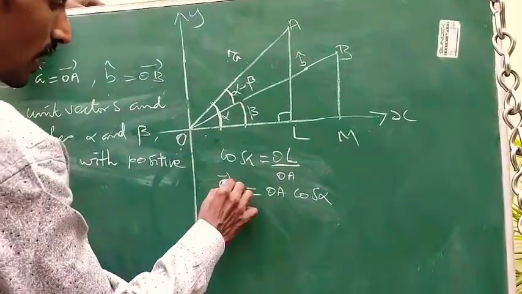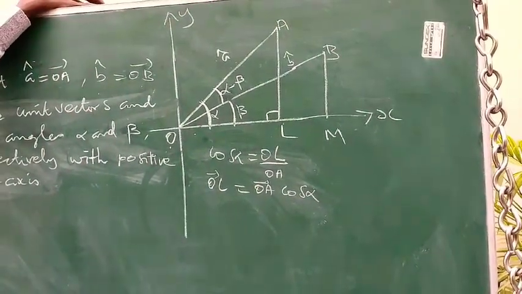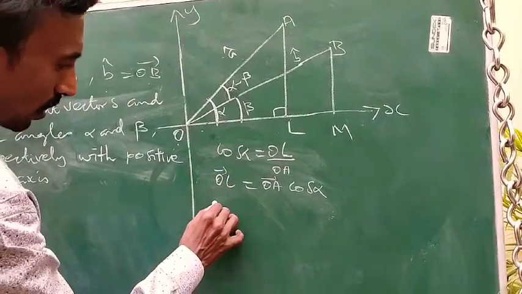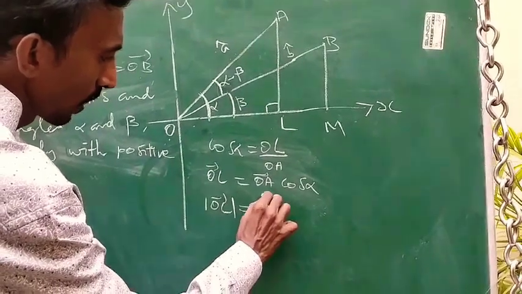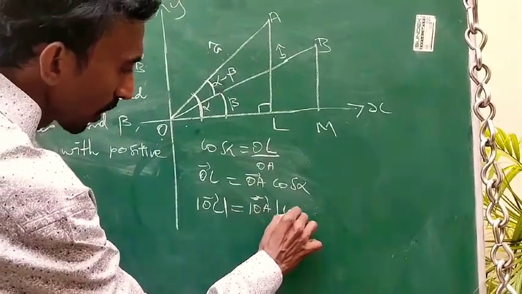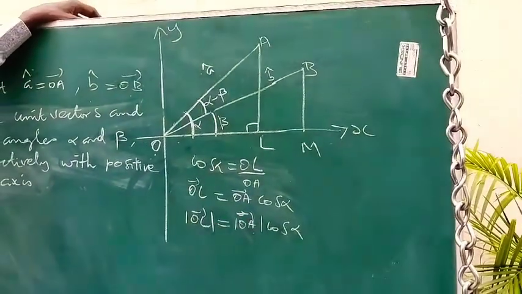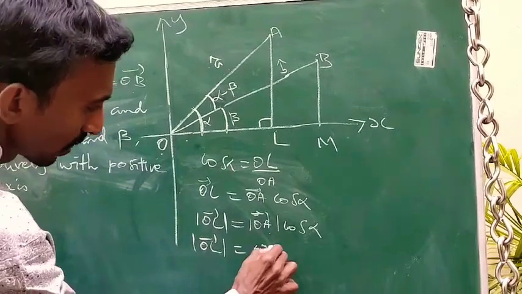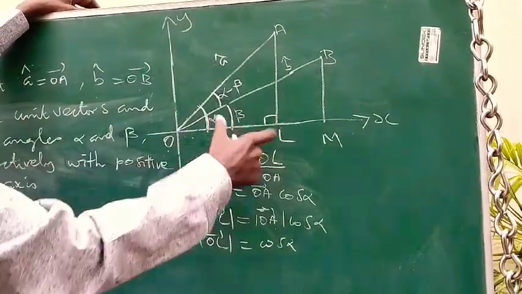So OL vector equals OA vector into cos alpha. Apply modulus on both sides: the modulus of OL equals modulus of OA into cos alpha. OA is a unit vector, so its magnitude is 1. So the magnitude of OL is cos alpha. This length is OL.